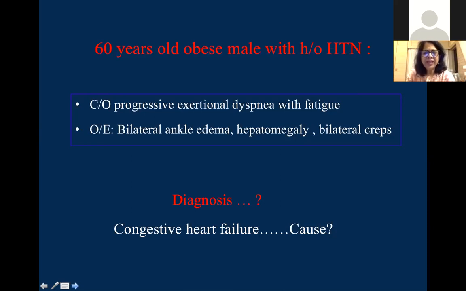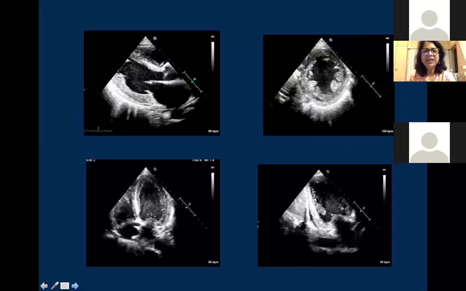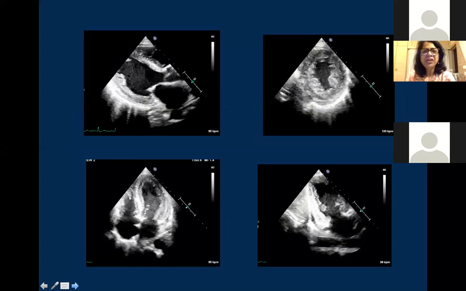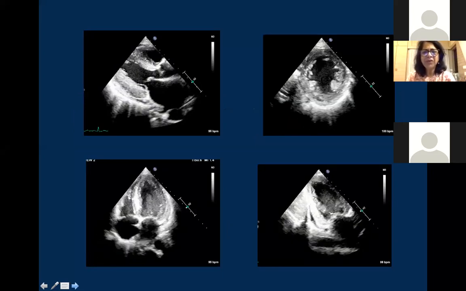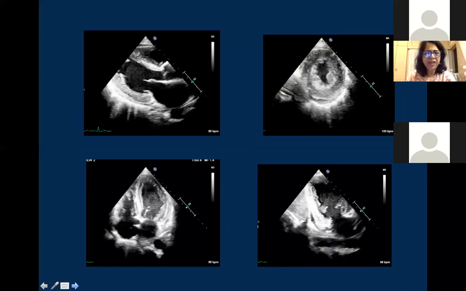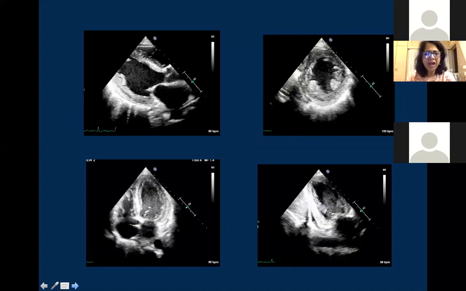The moment we get a patient of heart failure, we start thinking that it's systolic heart failure. So we do the echocardiogram and we see that LV is contracting very well. Ejection fraction is around 65 to 70% by modified Simpson's. There is no regional wall motion abnormality. Then why is the patient having heart failure?